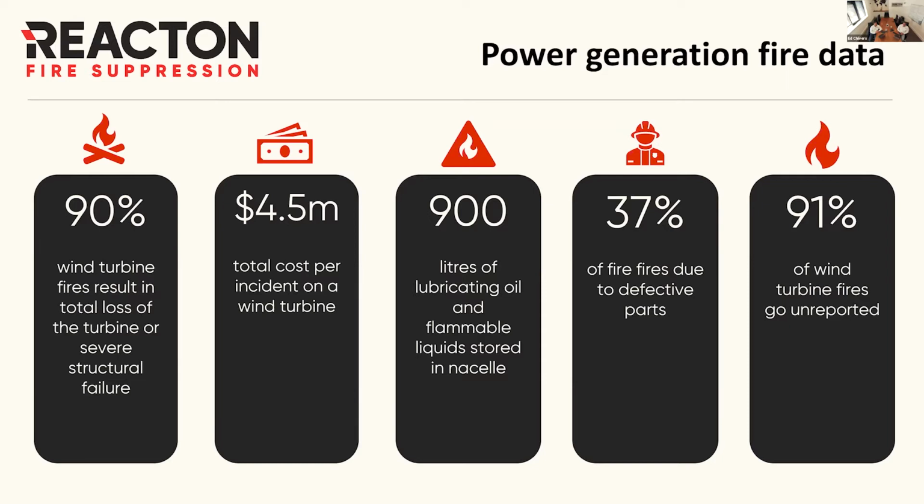I know Australia's done well with its bus reporting system for fires, so they've got some really good data on how bus fires occur, and that's been a joint effort between manufacturers and regulatory bodies over there, such as the Transport Authority. So we need more of that in the industry, so that not only can we design and engineer systems better, but we can also work with manufacturers to mitigate the risks at manufacturing.